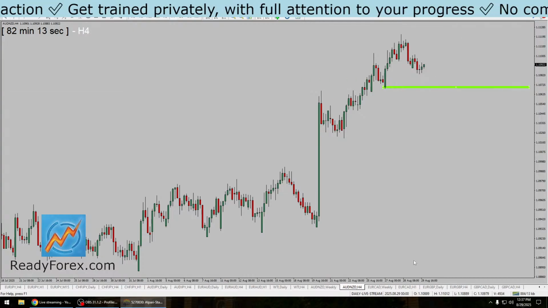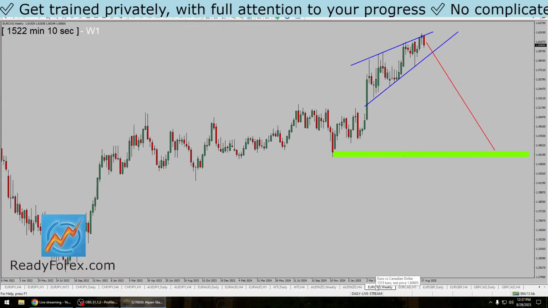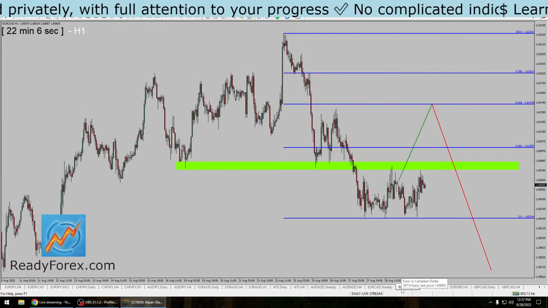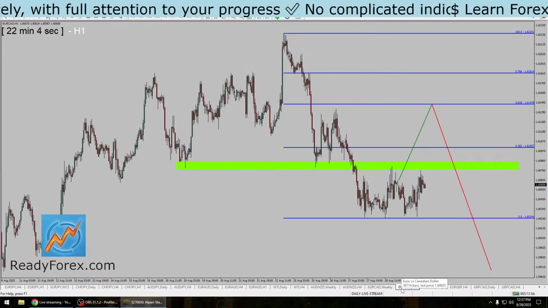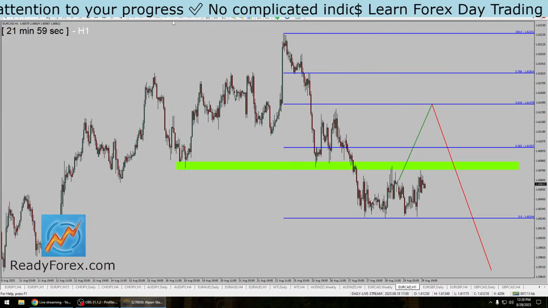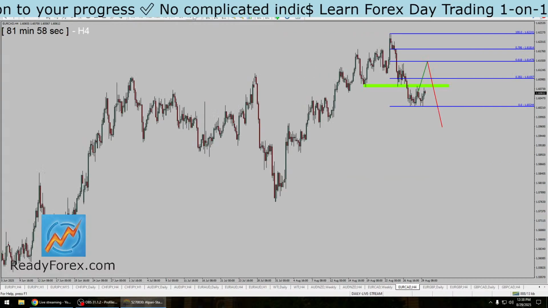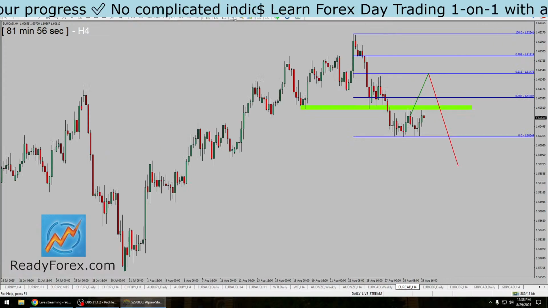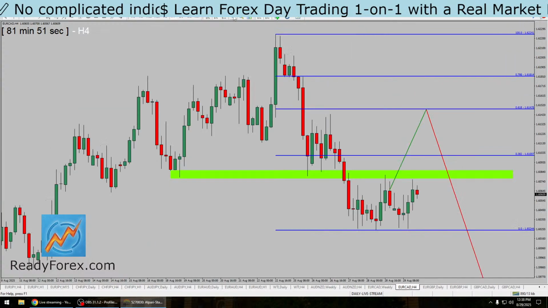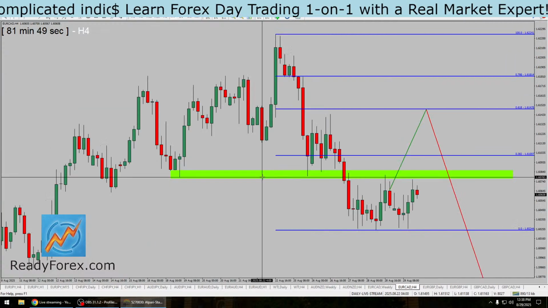Otherwise, wait outside. Next one is the EURUSD weekly time frame. EURUSD is falling down. This one looks bearish, and we got the breakdown over here in 1-hour time frame as well as in 4-hour time frame as well. So this is somewhat bearish.